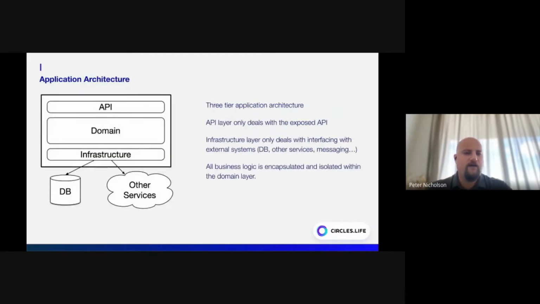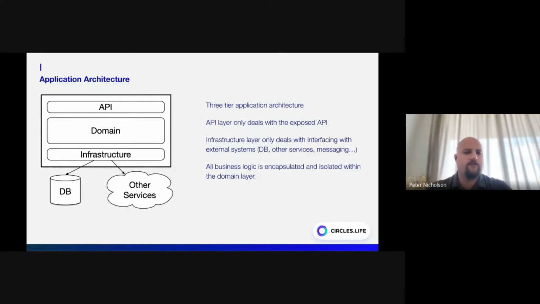When we look at how an application is architected and structured within a traditional domain-driven design approach, you talk about the traditional 3-tiered architecture. Here we have some API layer that's taking requests. We have a big, meaty domain layer, which has all the business logic and is where the magic happens.